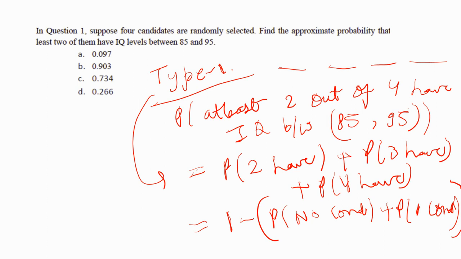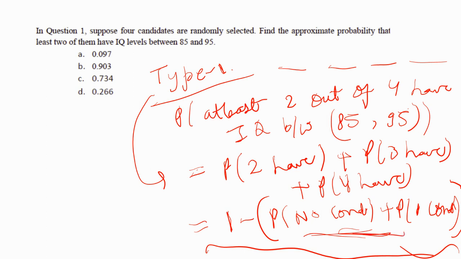Either way you solve this problem, the answer will be the same. I'm going to solve it by the second way, because you can just choose whatever is simpler or less calculative. Here I need to calculate for 2 and 3 in the first way, so I'm going to use this.